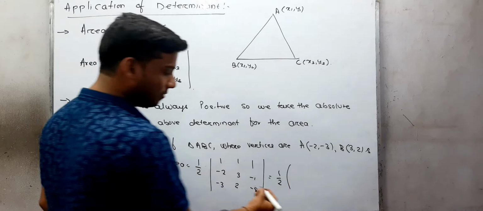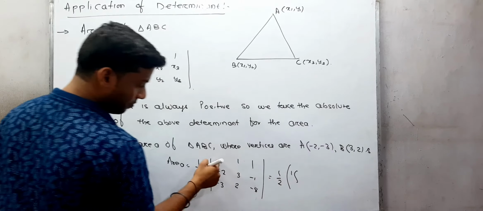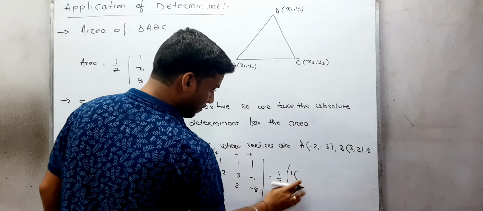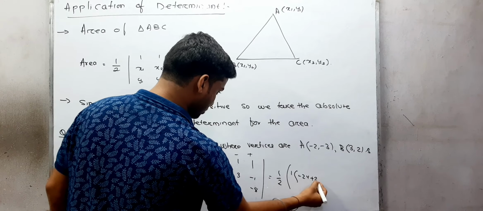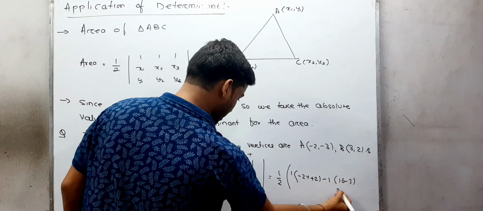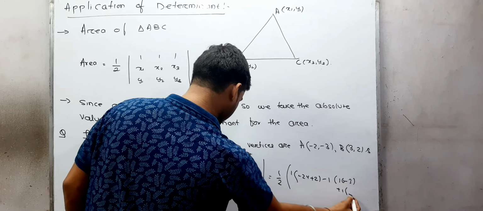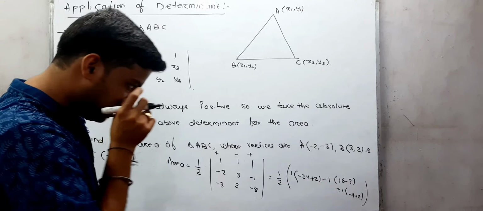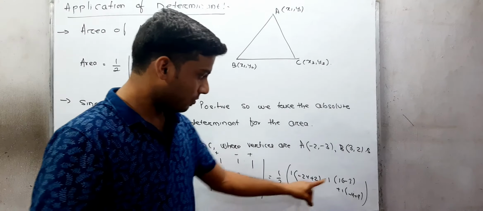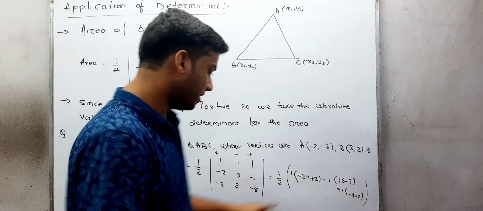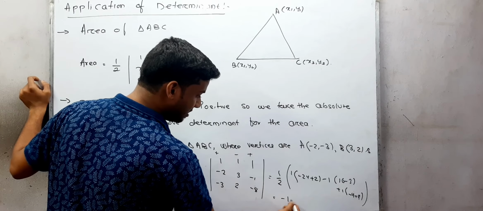So I am going to solve this one. 1 into plus minus plus, 1 into -24 plus 2, -1 into 16 -3, and plus 1 into -4 plus 9. So this is -22, -13, plus 9, which is -30, and -30 by 2 is -15.